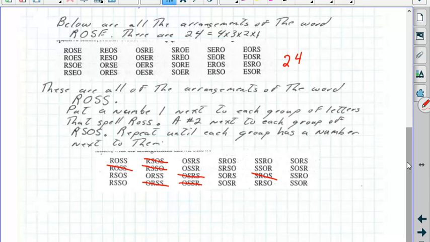SRSO is there. That one is over there. That one is there. When you count that, if you notice I was crossing off 1 for everything, there are 12.